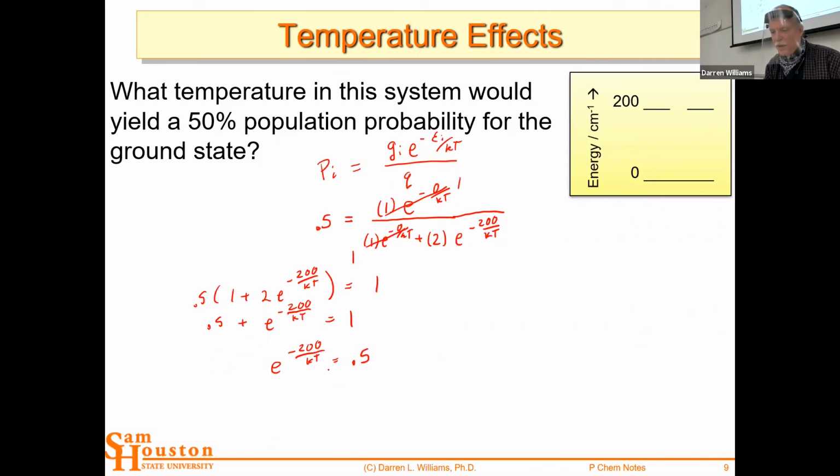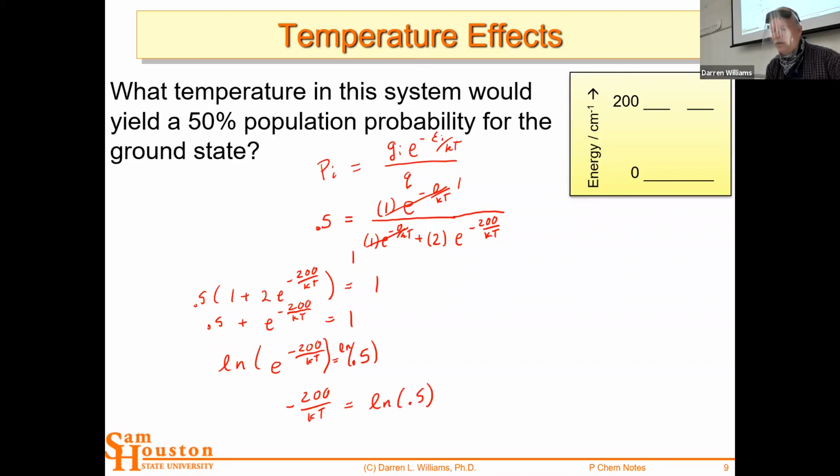And now how will we get rid of the exponent? Natural log. Yeah, so we take the natural log of both sides. All right, so we end up with minus 200 over kT is equal to the natural log of 0.5.